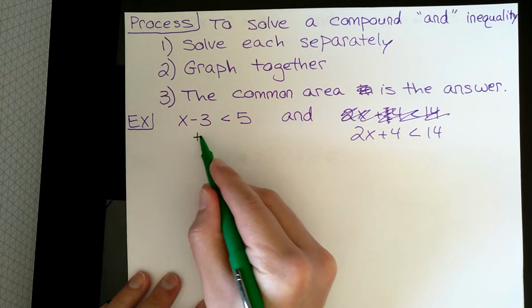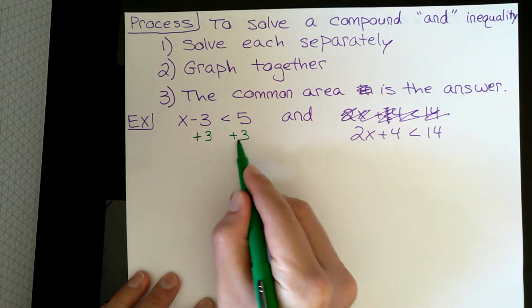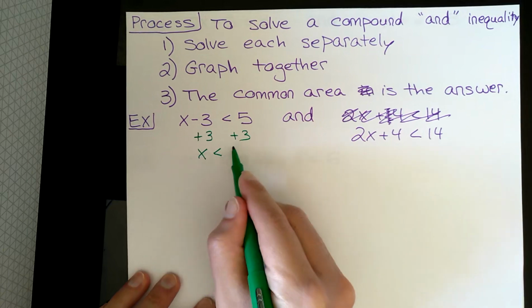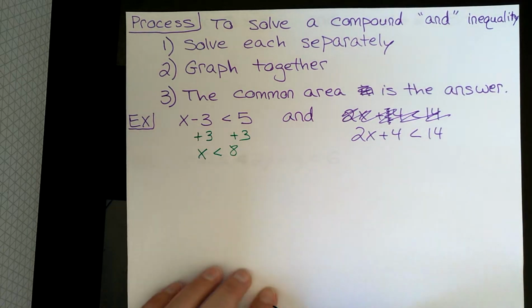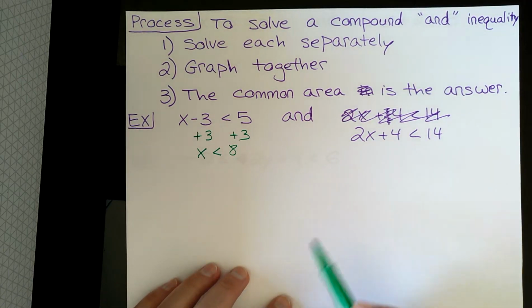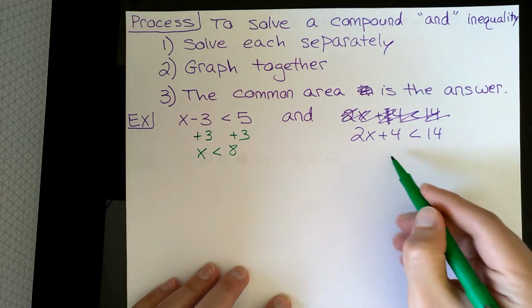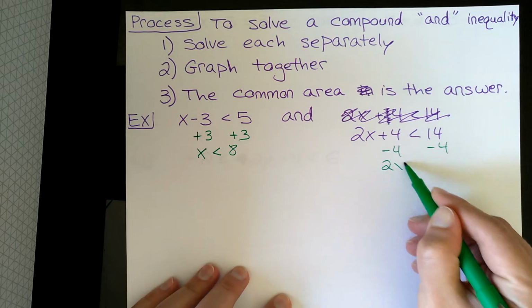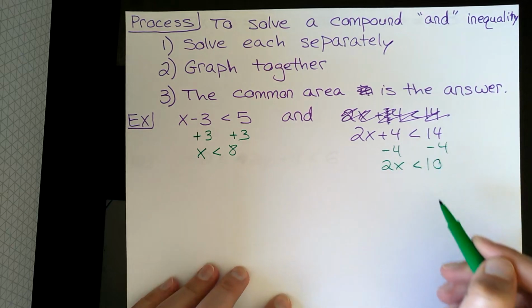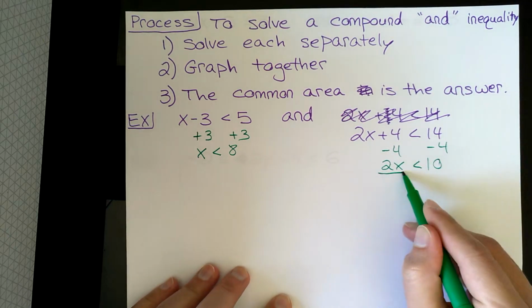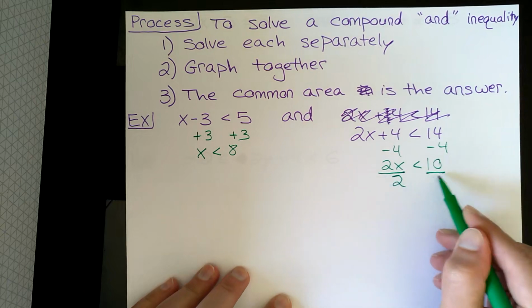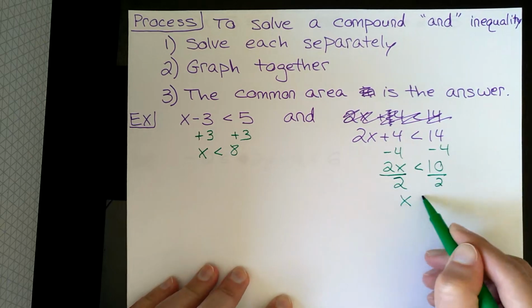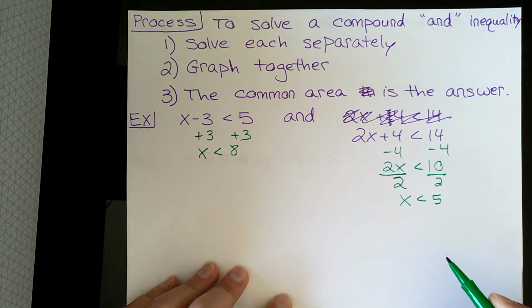The first one, we'll just add 3 to each side to get x is less than 8. The second one, we'll subtract 4 from each side to get 2x is less than 10, and then divide each side by 2 to get x is less than 5.